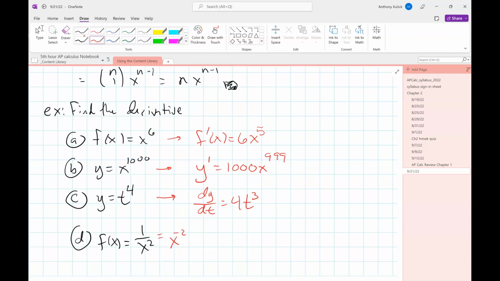Yeah, so you want to think about that as the same thing as x to the negative 2. So then you can do negative 2x to the negative third, or negative 2 over x cubed.